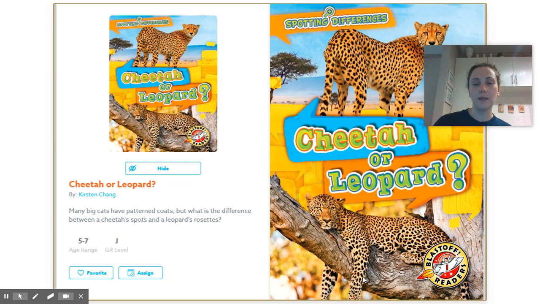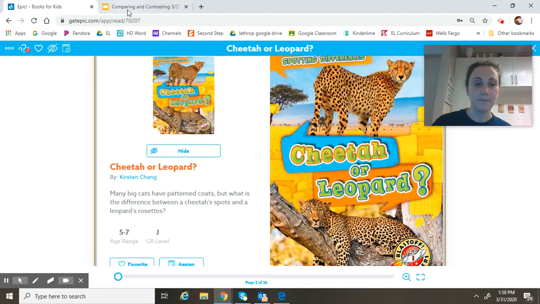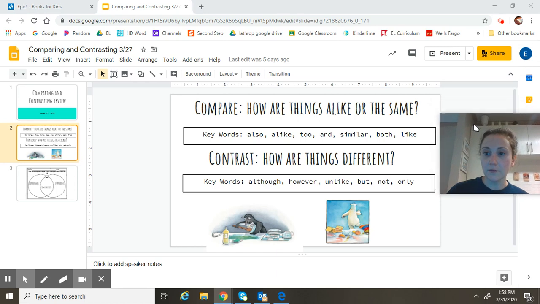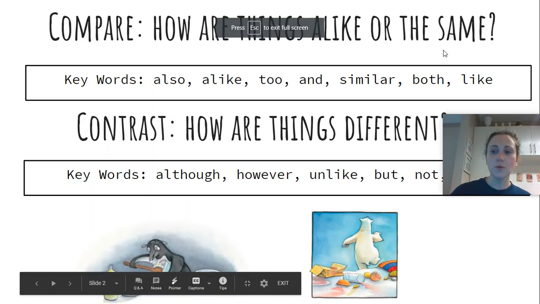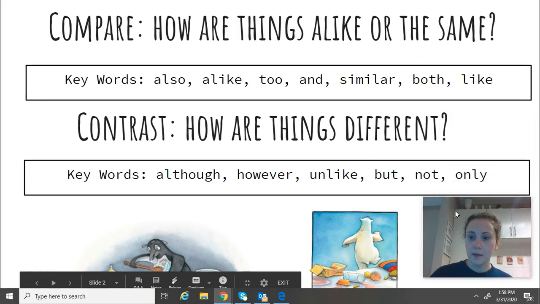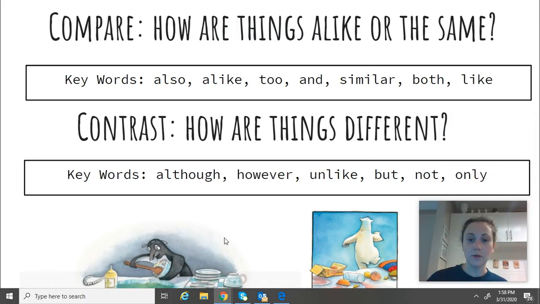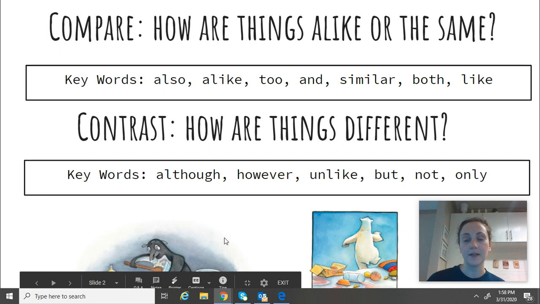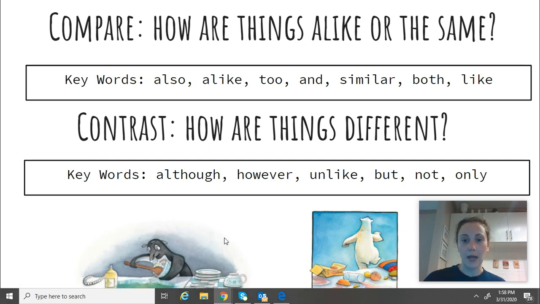Before I get started reading this book, let's review some of the signal words that we've learned that can help us to listen for similarities and differences in a text. Okay, so this is from last week. Let's just review this. So when we are reading a text, some keywords that can signal a comparison or how things are alike or the same are also, alike, to, and, similar, both, and like.